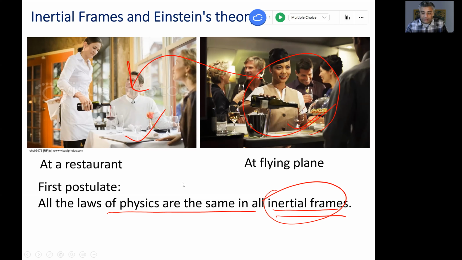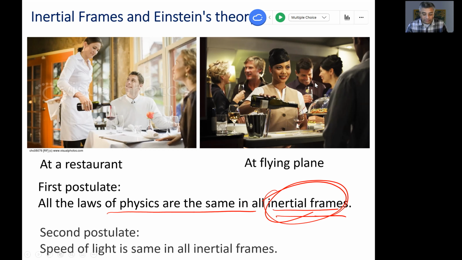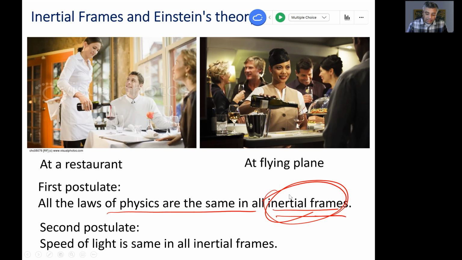So that's one. You can apply the same laws of physics everywhere, as long as it's an inertial frame. Same laws of physics working here, same laws of physics working here. So that's why you don't feel any difference, okay? And in all inertial frames of reference, the speed of light is the same.